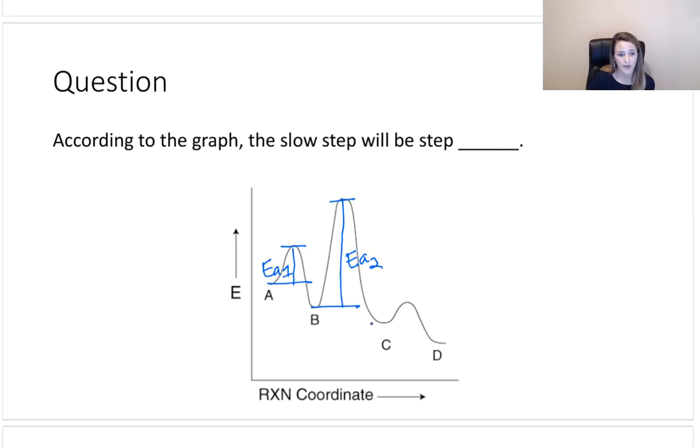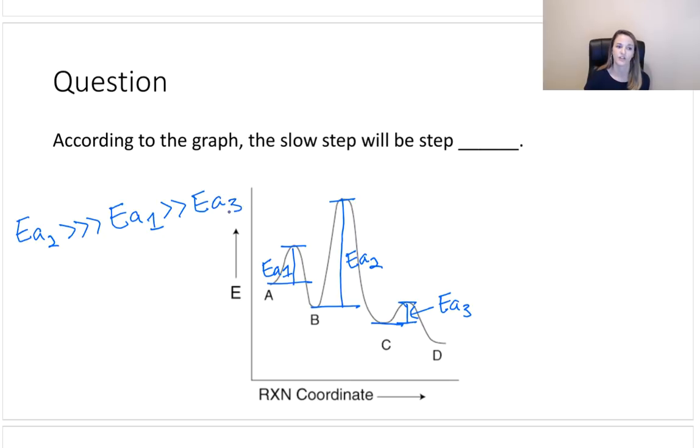And then your third step is going to go from intermediate C up to the peak right there, and that's going to be your third activation energy barrier. So what we see is that activation energy 2 is much, much, much bigger than activation energy 1, which is just much, much bigger than activation energy 3. So which one is the slow step? It's the one associated with activation energy 2, which is the process of intermediate B going to intermediate C.